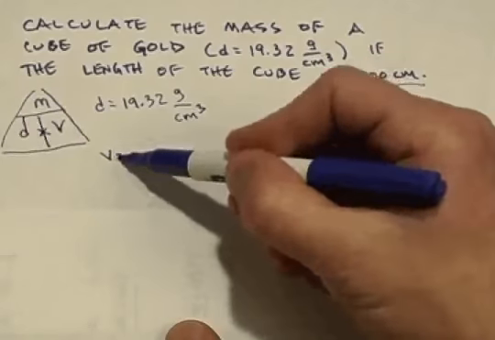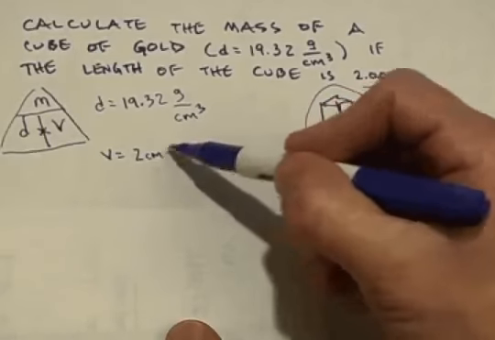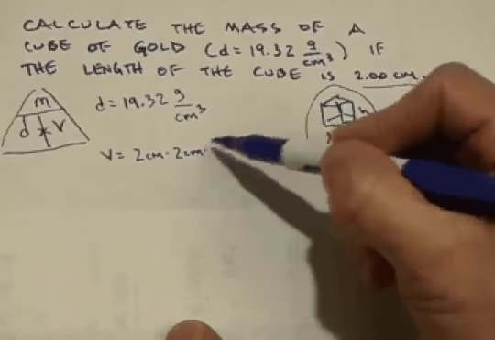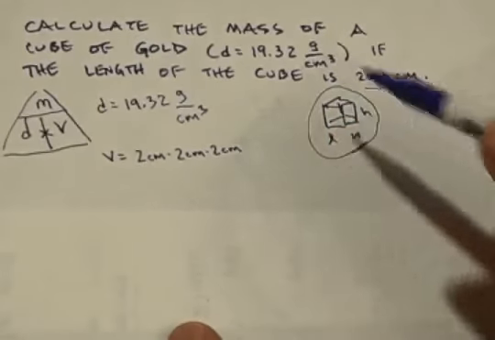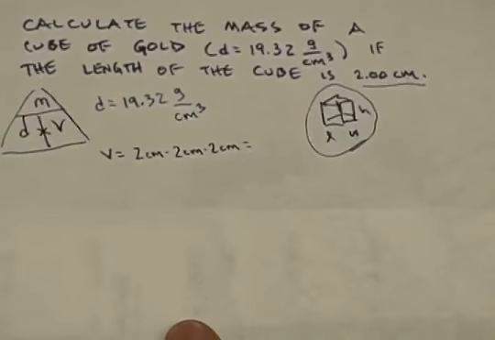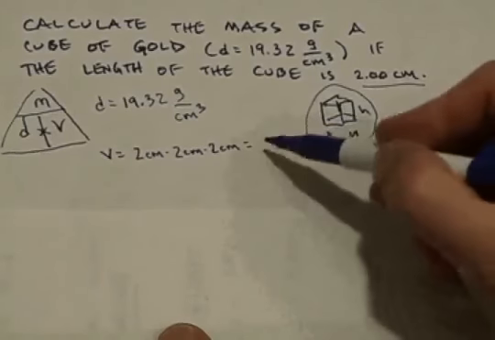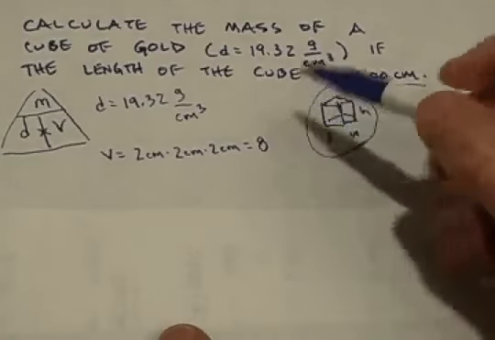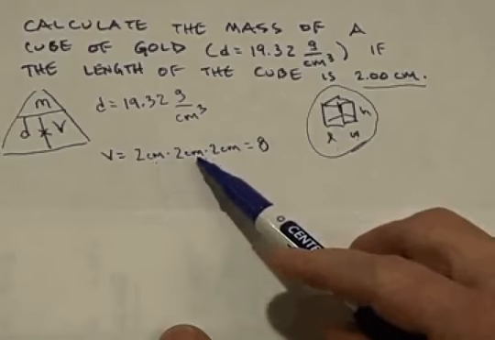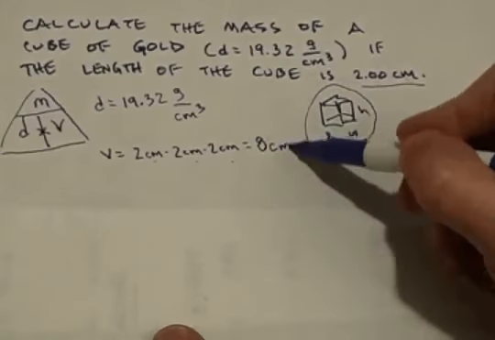So we can write out and say that the volume would be equal to 2 centimeters times 2 centimeters times 2 centimeters, because it's length times width times height. So if we take 2 centimeters times 2 centimeters times 2 centimeters, we end up with 8, and carry your units along. Centimeters times centimeters times centimeters would give you centimeters cubed.